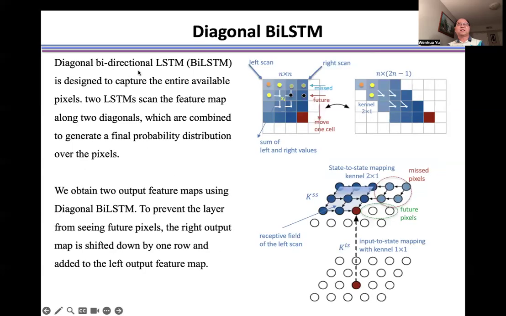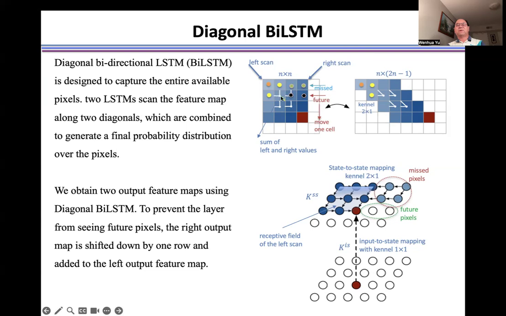Diagonal bidirectional LSTM is designed to capture all the available pixels. We use LSTM along this diagonal direction and this diagonal direction to predict the conditional probability at each cell in this feature map.